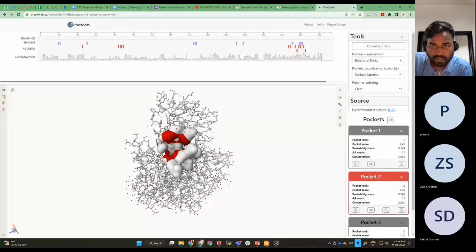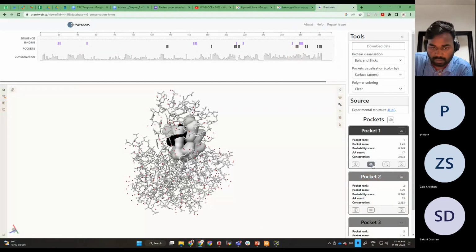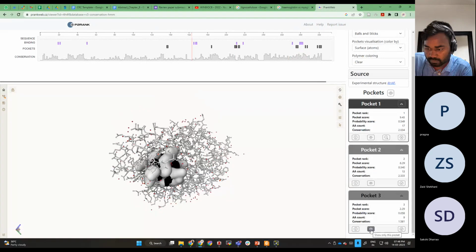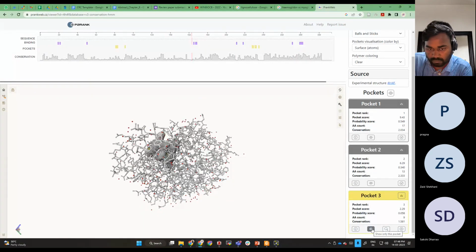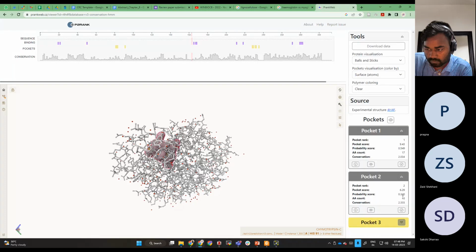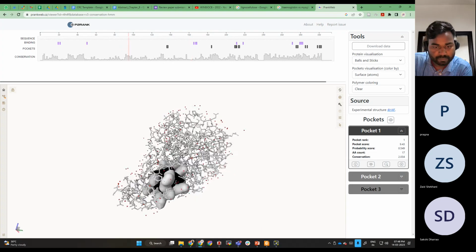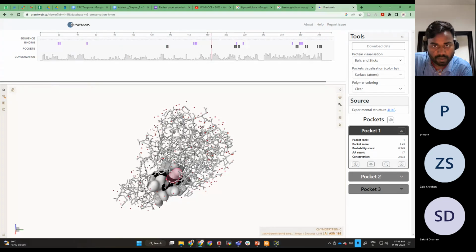Pocket one is gray color. So it has serine 195 here, right?